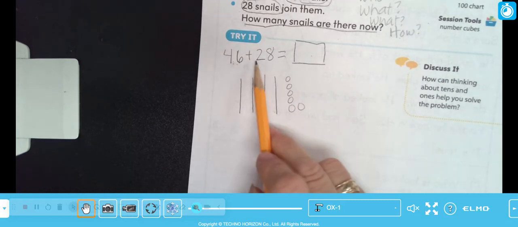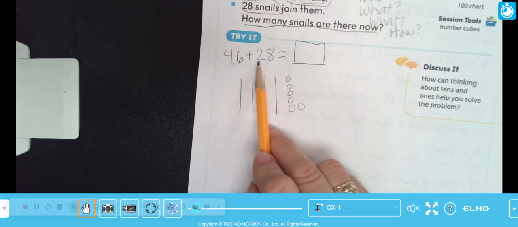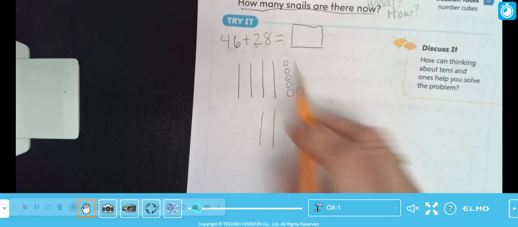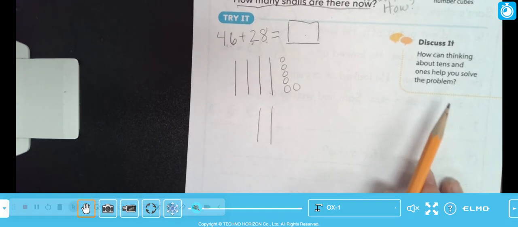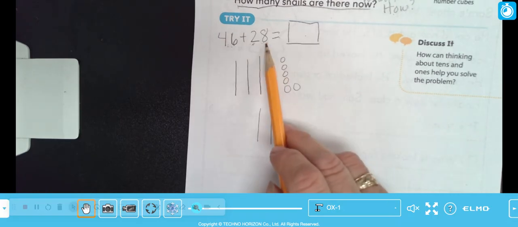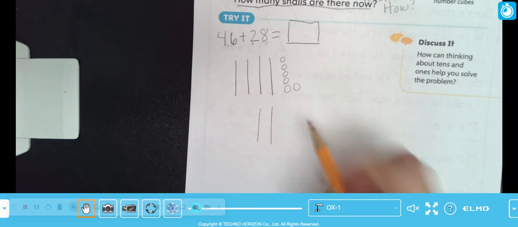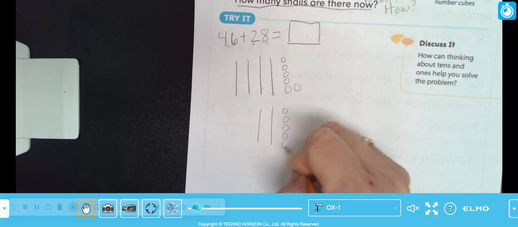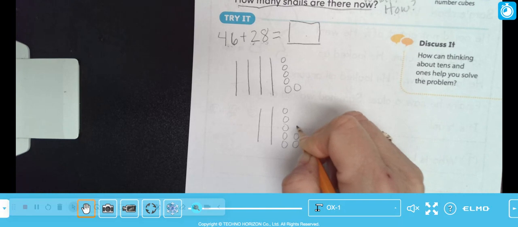Okay, now we're going to draw 28. How many tens in 28? 2 tens, right? So I'm going to draw 2 tens. 1, 2. And how many ones in 28? 8 ones, right? 1, 2, 3, 4, 5, 6, 7, 8.